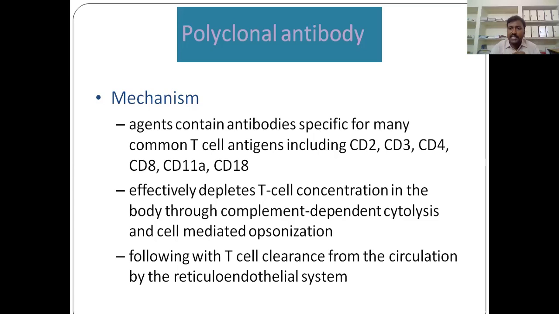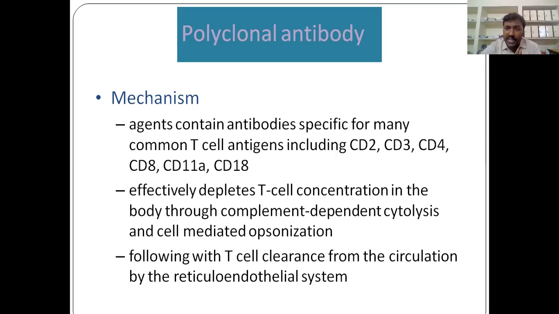Wherever these CD markers, which are T cells, are present in the body, the antibodies bind and lyse them. So polyclonal antibodies lyse all T cells wherever distributed, followed by T cell clearance from the circulation by the reticuloendothelial system. You already studied this in human anatomy and physiology: the reticuloendothelial system is the system that clears depleted proteins and immune cells.